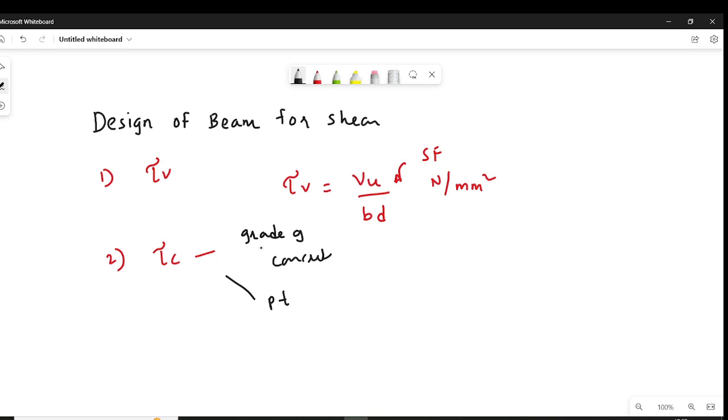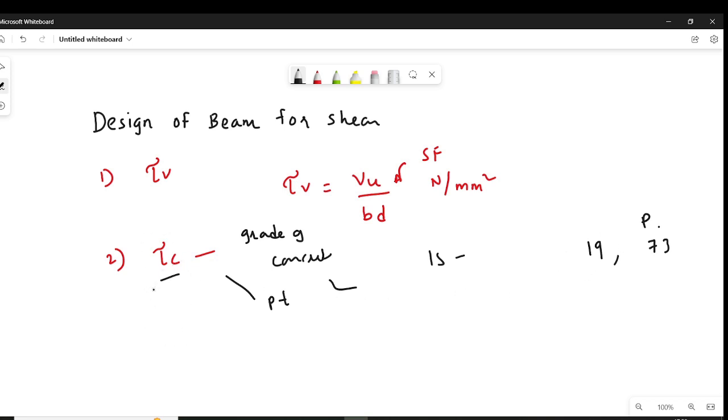So you must know these two values in order to find tau c. Tau c is taken from IS 456-2000, Table number 19, page number 73. So from this table we are determining the value of tau c.